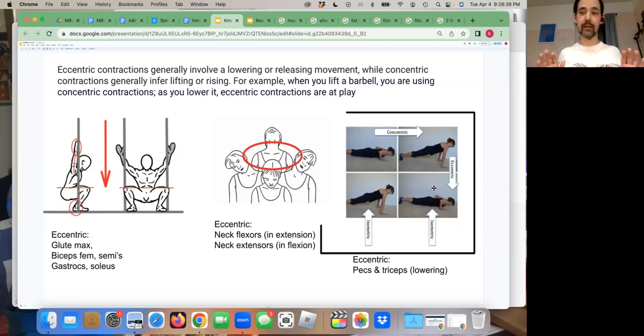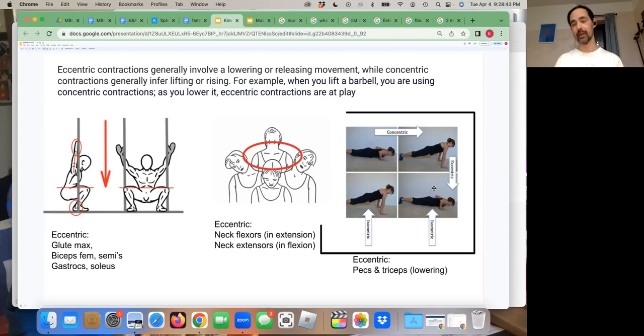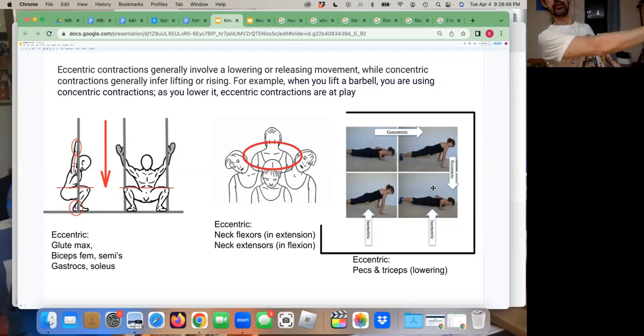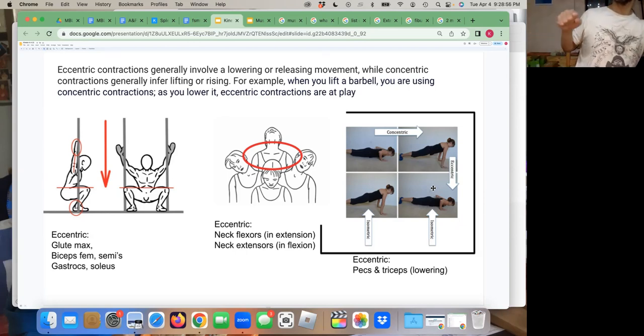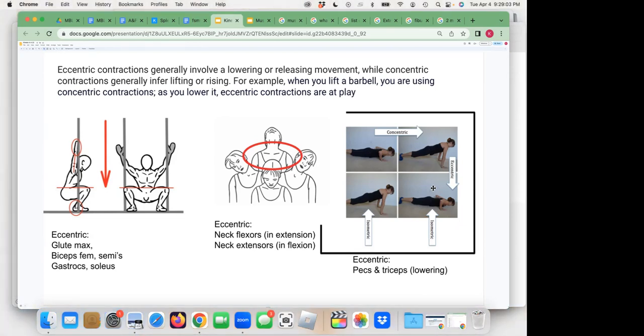That's the pec. No bicep. Pec and tricep. The tricep and pec are used for pushing. The bicep is used for pulling, so it would be used for rowing, or for pull-ups or chin-ups. This is a push, so it's the tricep and the pec.